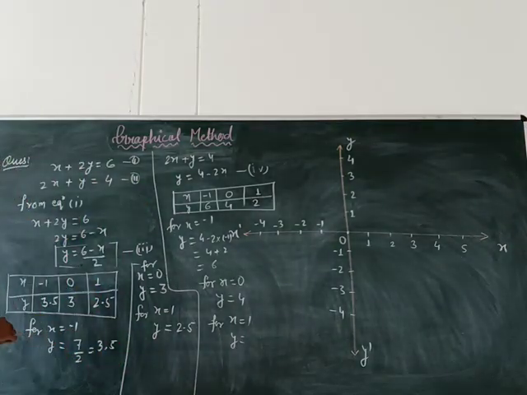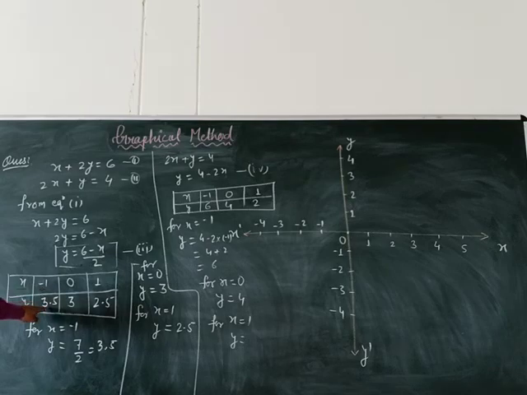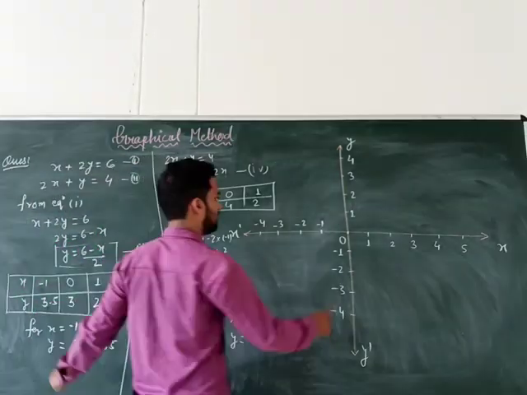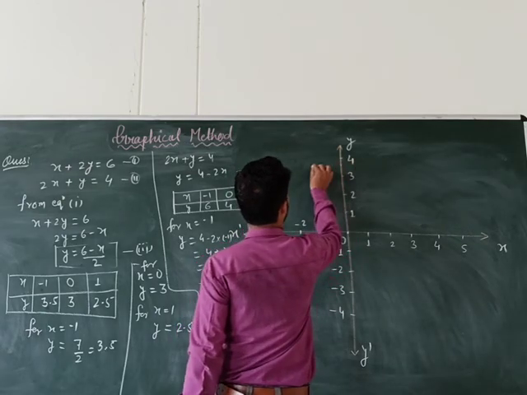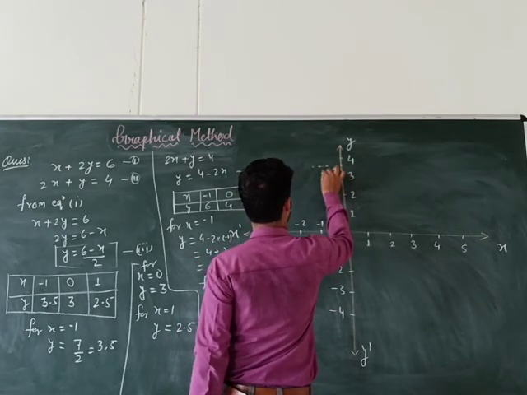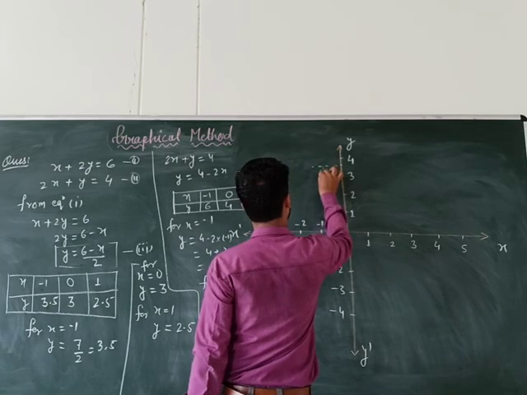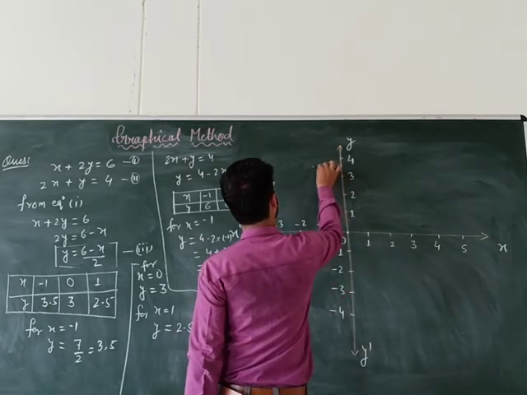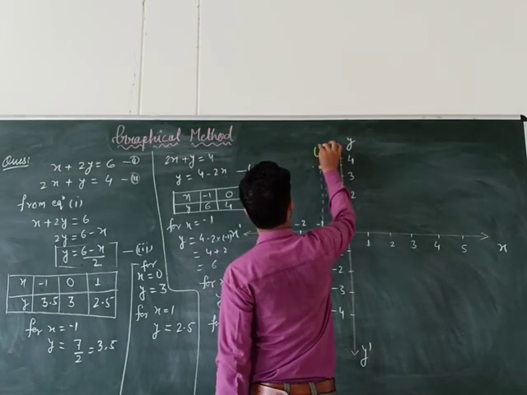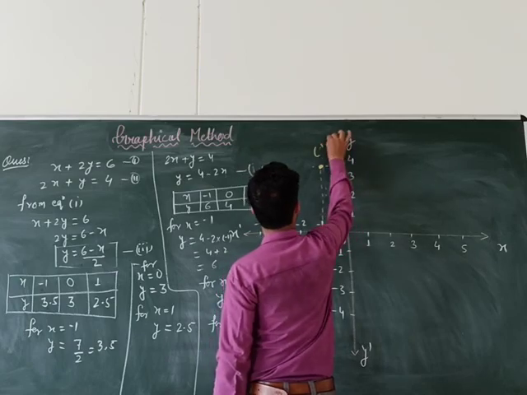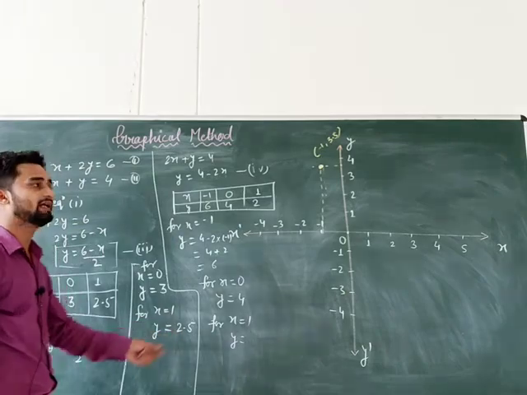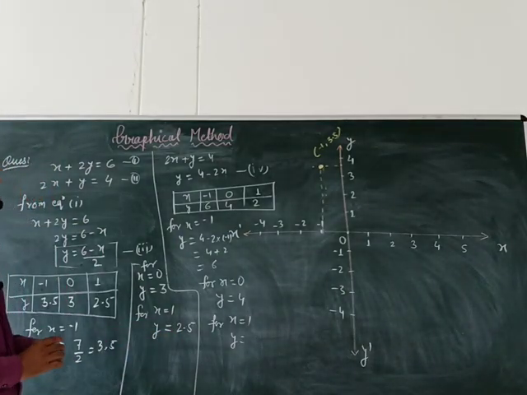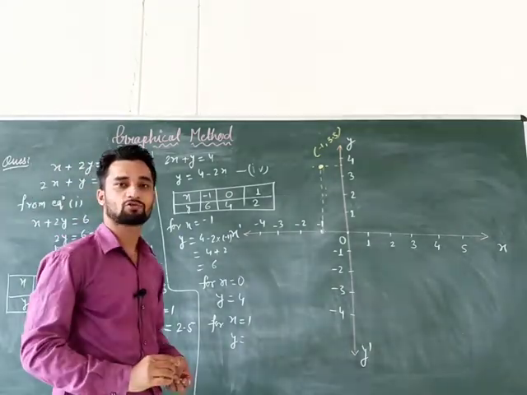Now we have to plot the graph. So firstly we are doing it for the first equation. When x is minus 1, y is 3.5, somewhere here. This is the point. I am writing here minus 1 comma 3.5, because as you know, in previous classes we have studied that we have to write the coordinate in the form of x comma y.